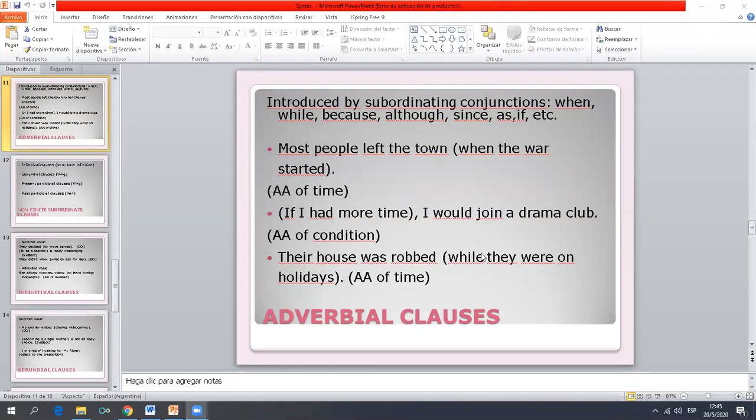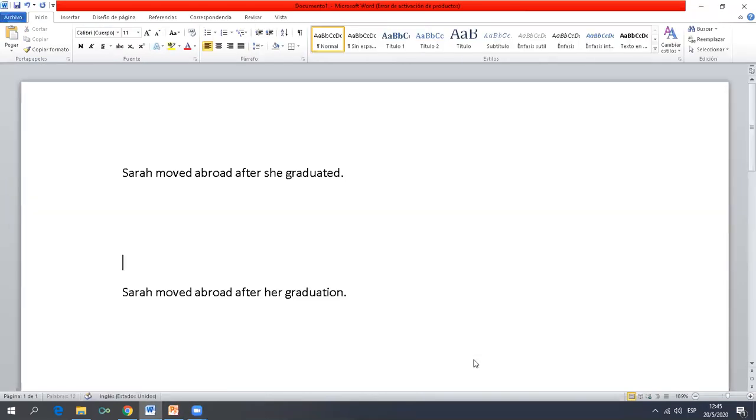Now, I want to move here. Compare these two examples. Sarah moved abroad after she graduated. Sarah moved abroad after her graduation.